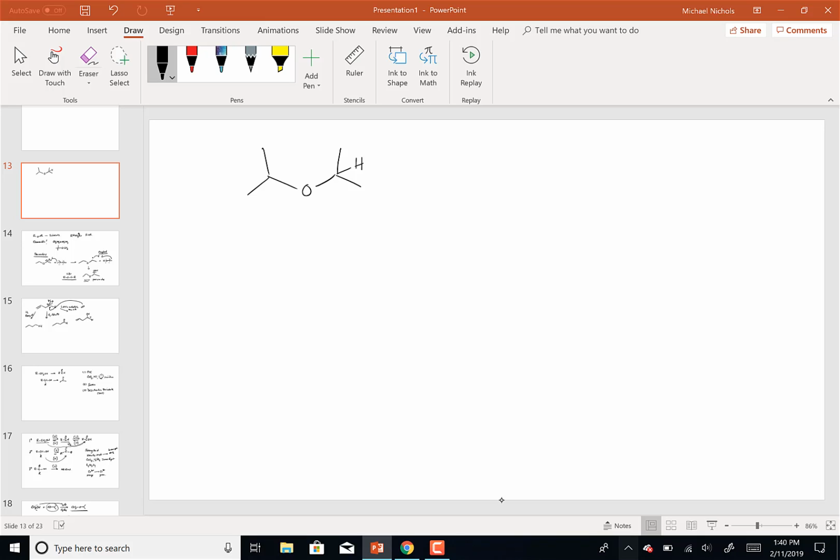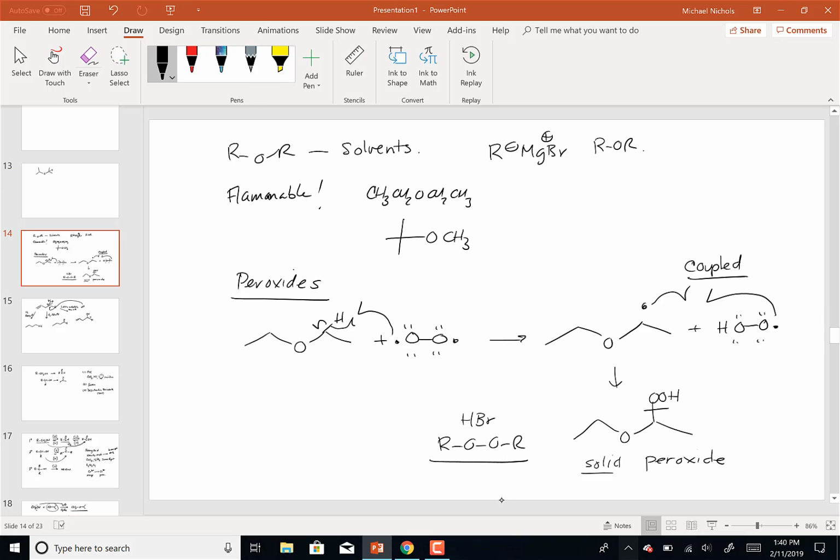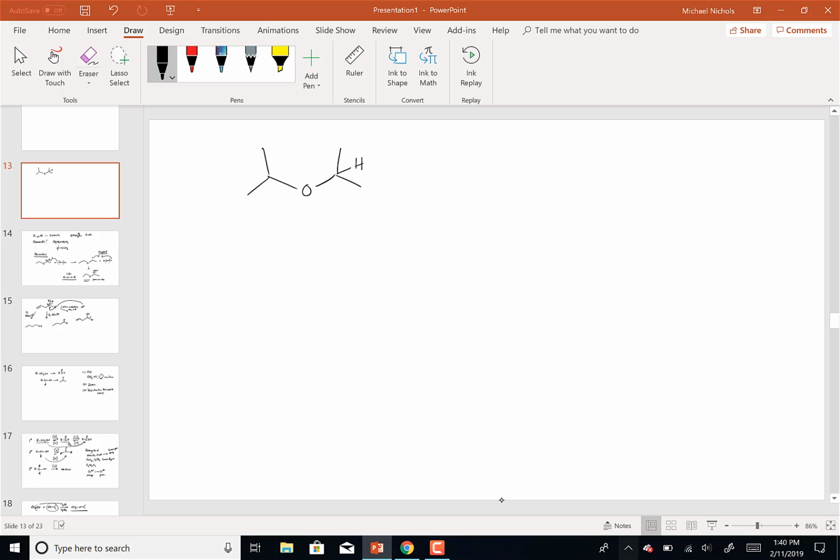So when we found one of those, they pretty much said stay out of there and sent in the guys with the suits. So those are just a couple things. And this free radical mechanism by which we form these peroxides is our further introduction into what we're going to do on Wednesday. Okay. So that's ethers.